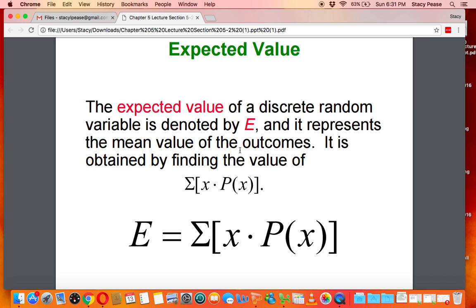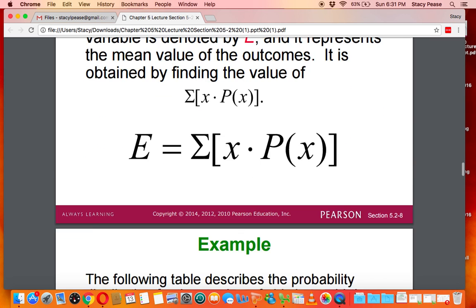It's really a way of estimating a mean is kind of what expected value is. But we're not going to spend a lot of time on expected values, so just review it so that you understand what it is if it were to come up at all. But we don't need to spend a lot of time on expected value.